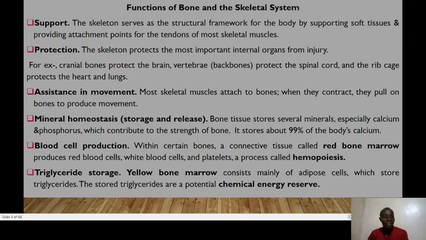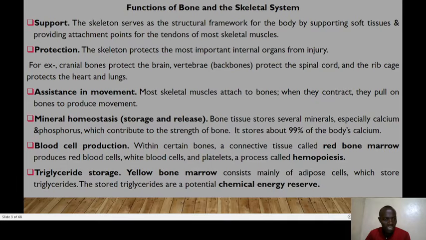On blood cell production, within the bones we have a connective tissue called red bone marrow, and this is found in the spongy bone section. It produces red blood cells, which are the erythrocytes, white blood cells, the leukocytes, and the platelets, the thrombocytes, and this is all done through a process referred to as hematopoiesis.